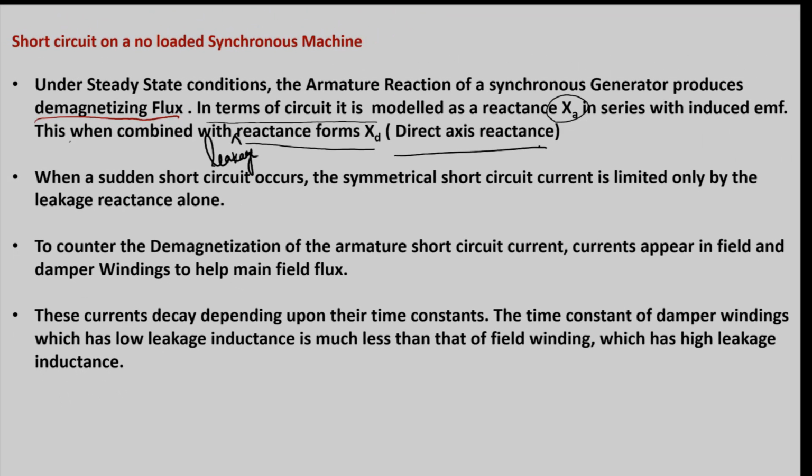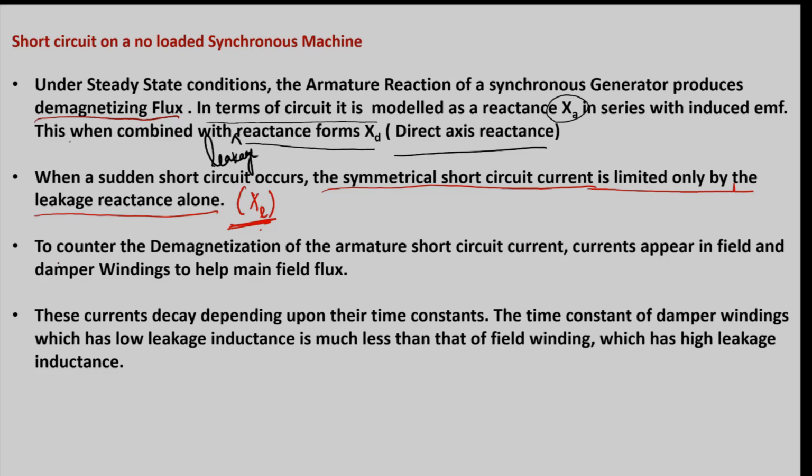So when a sudden short circuit occurs, the symmetrical short circuit current is limited only by leakage reactance. Why? Because when a sudden short circuit occurs, the alternator offers only XL, leakage reactance, opposite to the short circuit currents. Okay, so there will be severe demagnetizing effect.